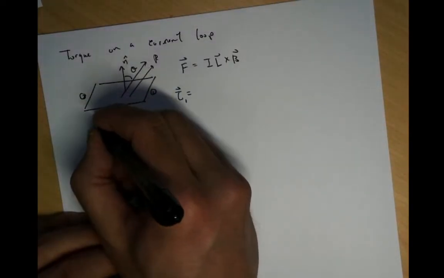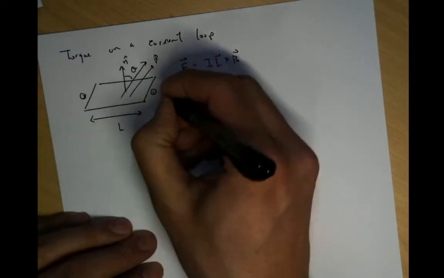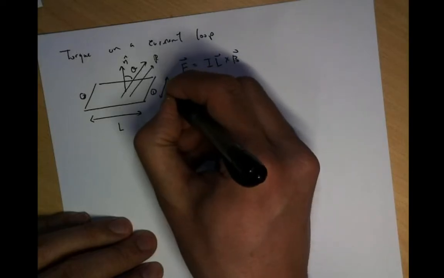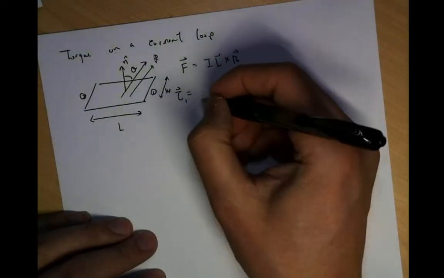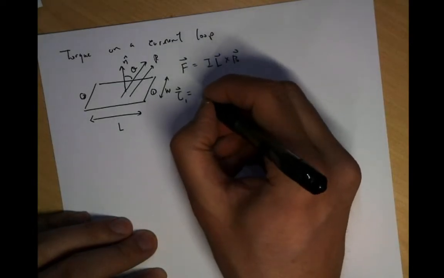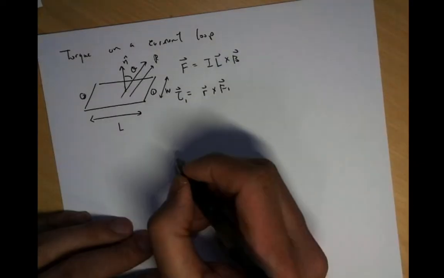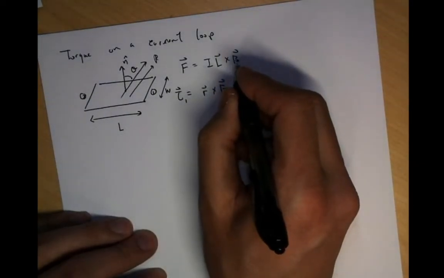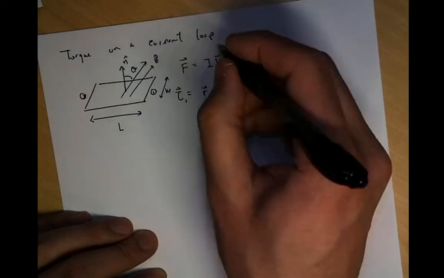Let's see, this is L, this is W here. This tau here is going to be equal to R cross F1. All right. So let's get the B field. I said the B field earlier was in the XZ plane.